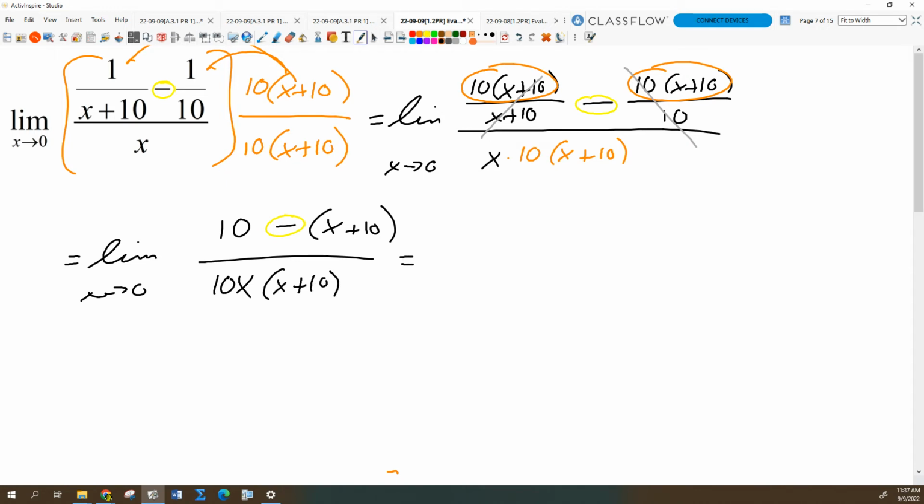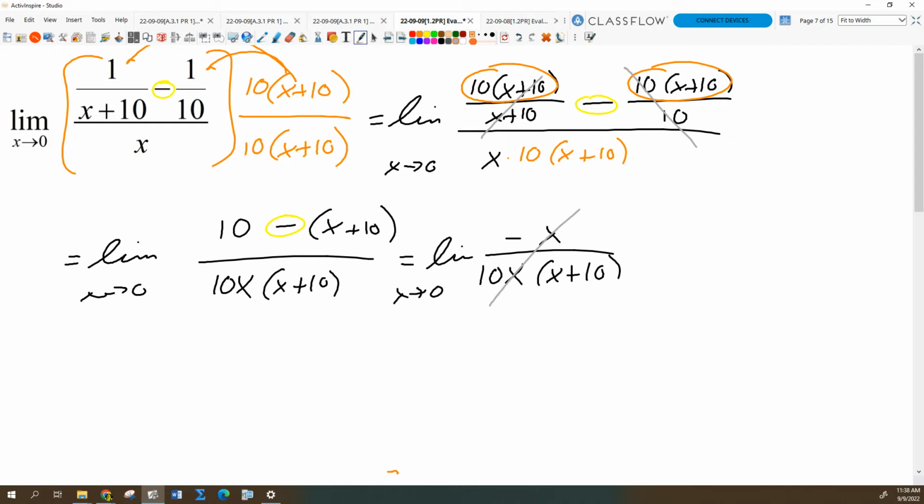Well, we're almost done, right? Now, if we just distribute the negative sign, this ought to look pretty familiar. We get the limit of negative x over 10x times x plus 10 as x approaches 0. And here's where we can cancel those x's.